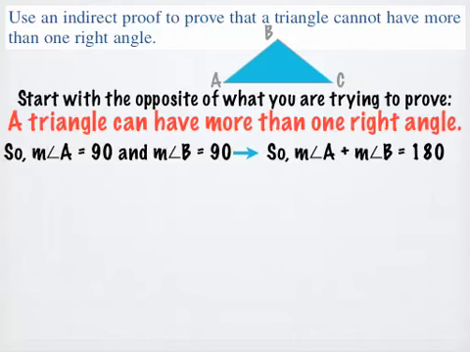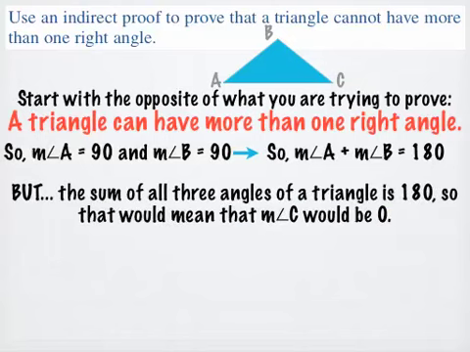If only two of the angles in a triangle take up the whole 180 degrees for all three angles, that means that the sum of all three angles of a triangle is 180, so that would mean that the measure of angle C, or the third angle, would have to be 0.